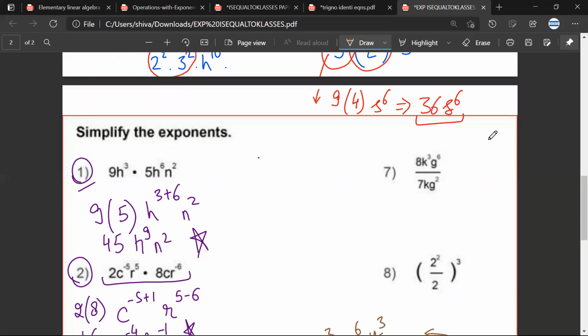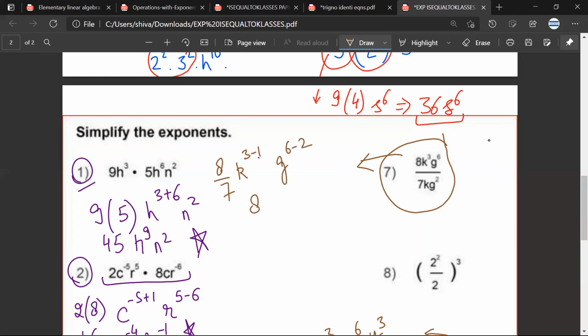No, sir. Mr. Sarthak, how should I solve this? It will become 8 upon 7 k raised to the power 2 g raised to the power 4. Mr. Satya, any doubt? No.